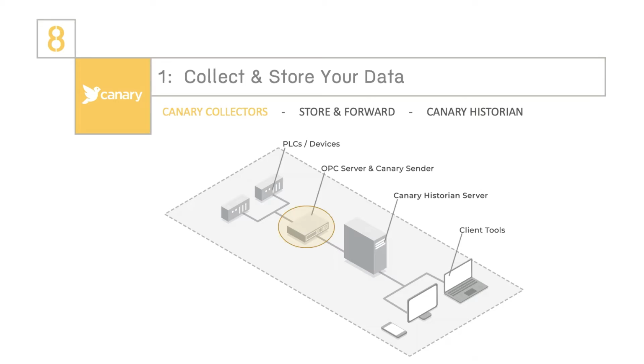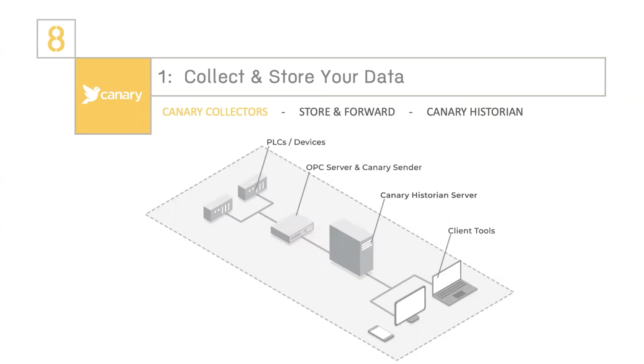But don't be alarmed. The Canary Historian doesn't write back to the PLCs. It's literally a collection mechanism. So there's no impact on your OPC or on your PLCs from a networking perspective by doing that. So a very typical architecture would be as you see it on the screen there.